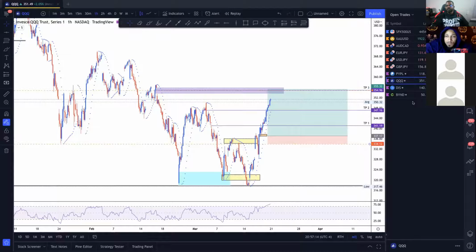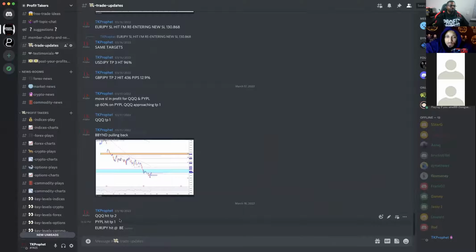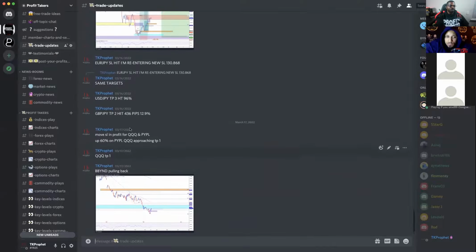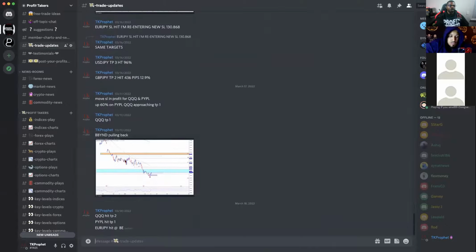In most cases, in the group under trade updates, I'll normally tell you if the stop loss has been hit or if the TPs are hit, or what's going on with the trade. But just to get used to managing yourself, because that is a skill you should develop as a trader, not just trade execution, but also trade management.